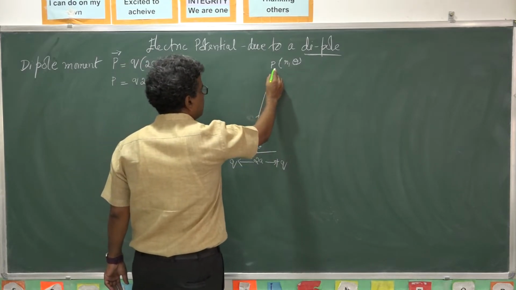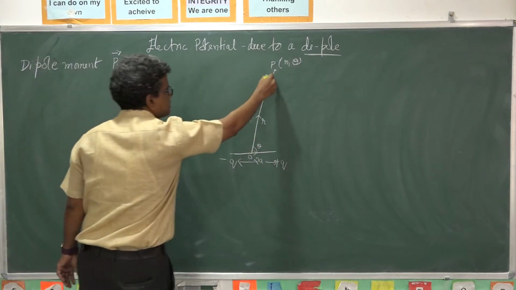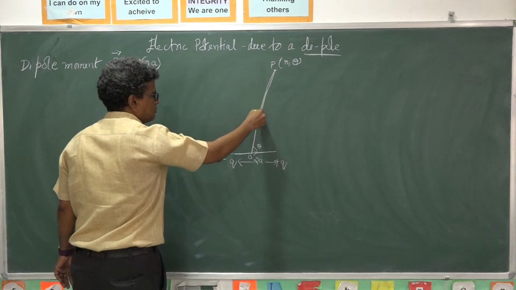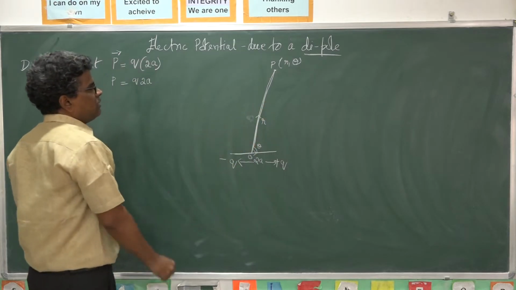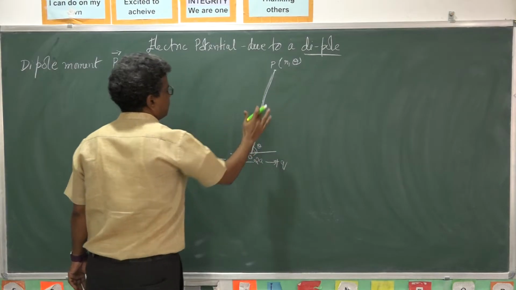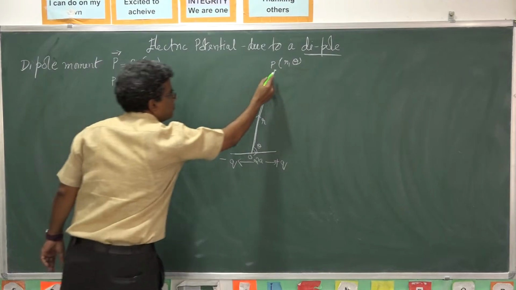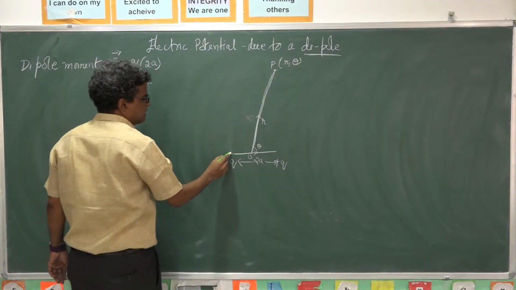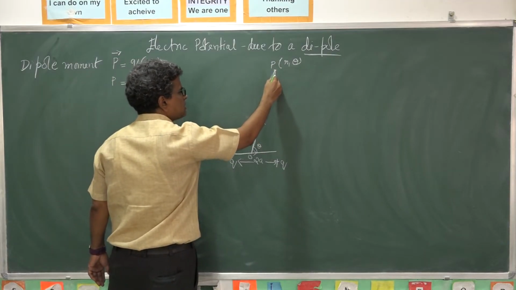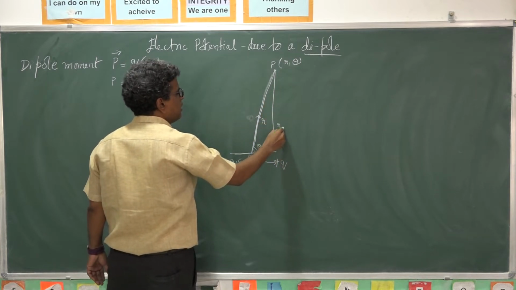Now we want the electric potential at this point. So I join this with a line, and that makes the position vector. Now you join these two lines. The line to the charge plus q, let it be r1.